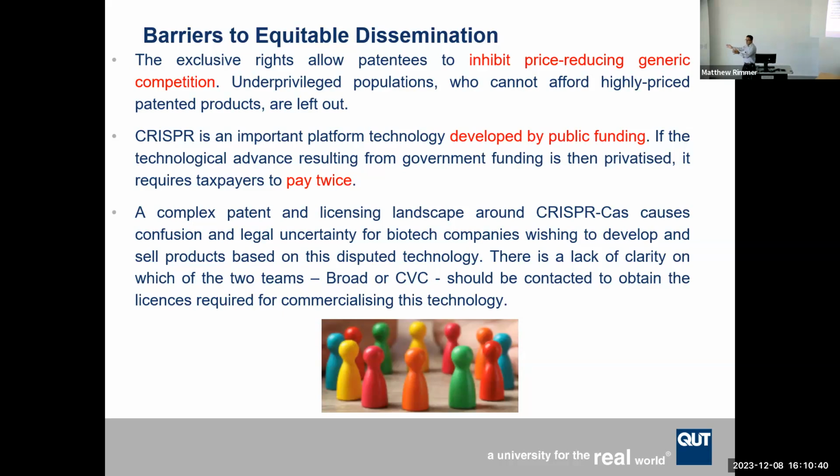Certain patents are owned by one team, certain patents are owned by the other team, and there are differences in terms of jurisdiction. In the US, one team owns patents. In China and the EU, the other team owns patents. So there is a lot of complexity and confusion. The seekers of licenses have higher transactional costs, and it causes barriers in terms of equitable dissemination of this technology.